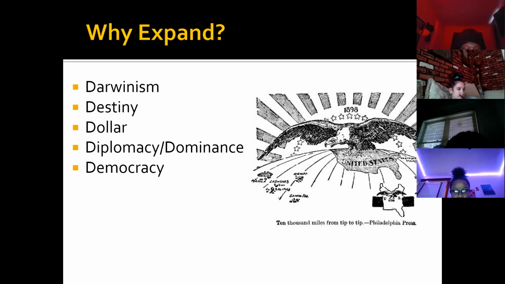The fourth is diplomacy and dominance, which refers to the belief that Americans should increase their role in global politics. So it's this belief that Americans should be a more global power.